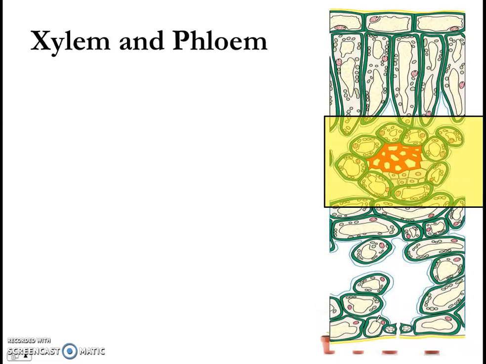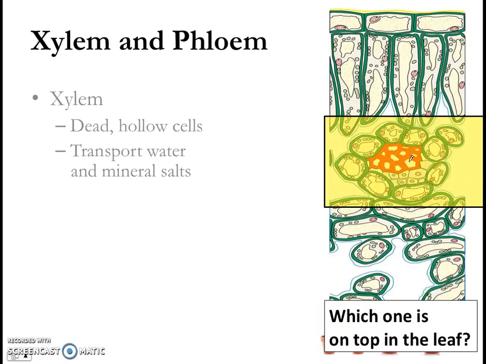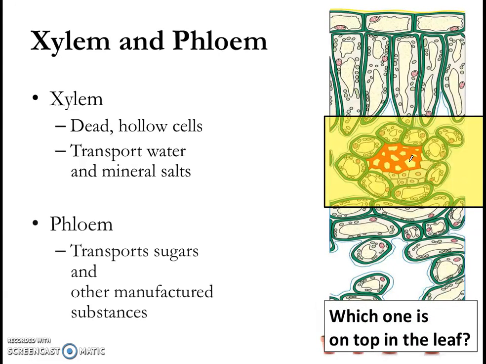And finally, we're going to look at the vascular bundle. The vascular bundle in the leaf contains xylem and phloem. First things first, you need to know which one is on top in the leaf. If you take a look here, you can see that it is the xylem which is on top in a leaf, and the phloem is the one below it.